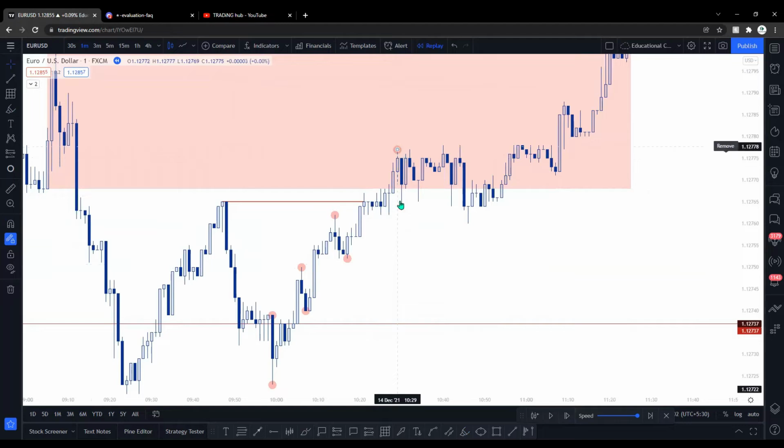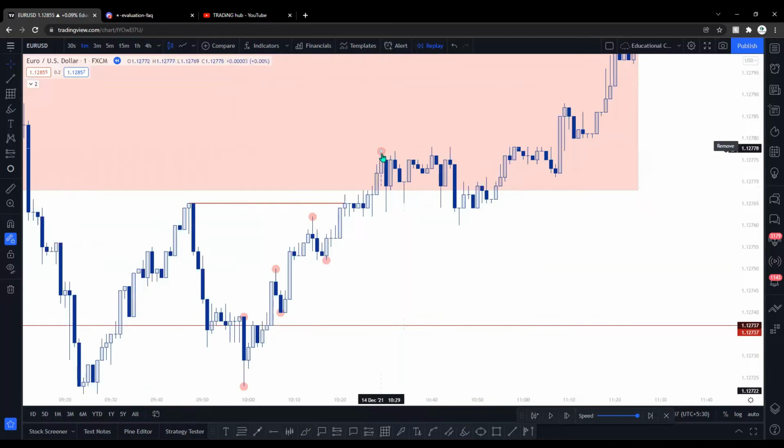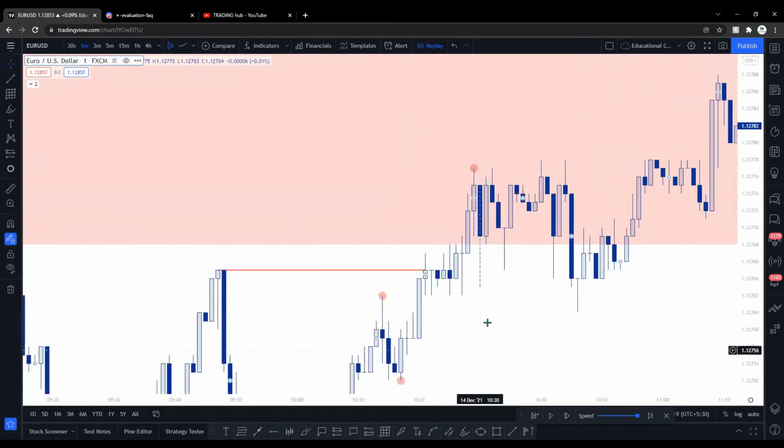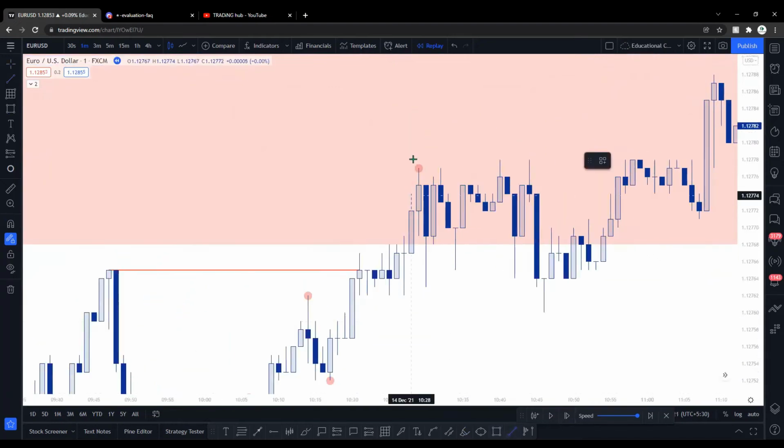Why I choose this one as the high, and we could choose this one also, but you can see the last high is here. The next candle breaks this low, but the next candle did not close below it, and the candle after that did not break the high or close below it.